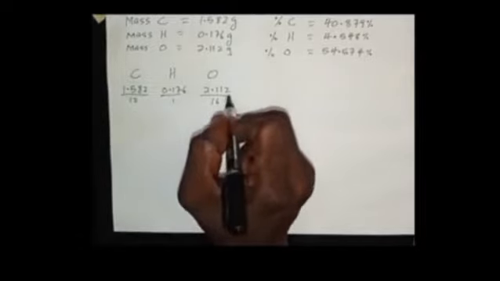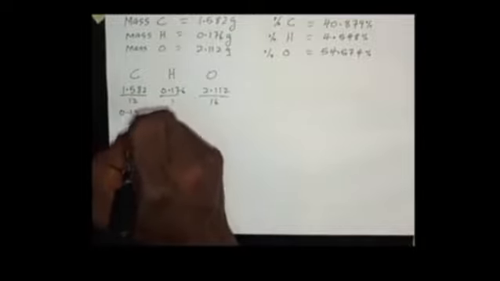So what am I going to obtain from this? This gives me 0.132. This gives me 0.176. And the last one, 2.112 divided by 16, gives me 0.132.